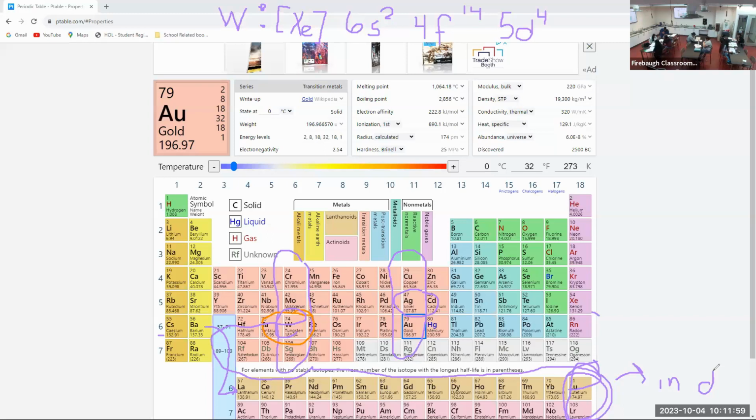Okay. So that means that we have 4 in the D, right? Now, what really happens is it steals from the S and puts that in the D. Okay.